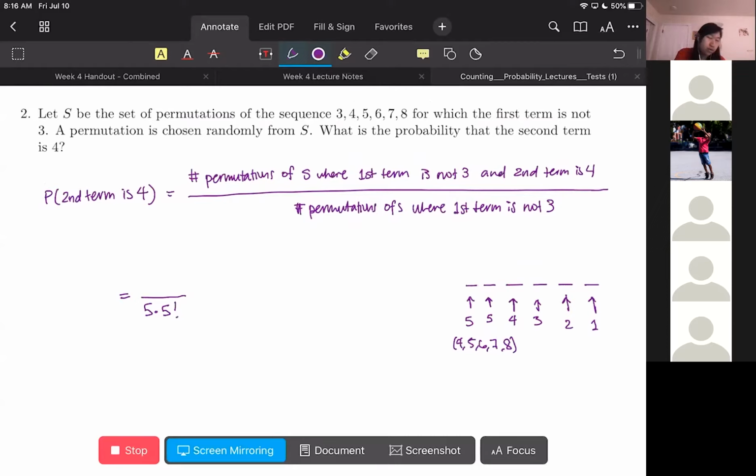What about for the numerator? Does anyone have any ideas on how to count that one? We can use the same type of reasoning here.